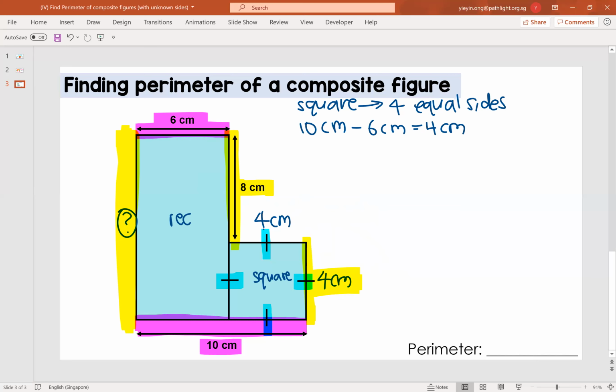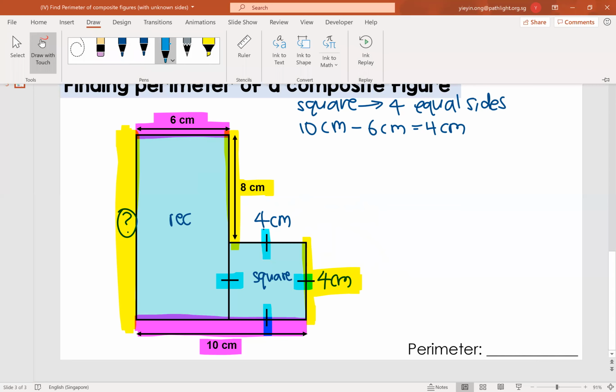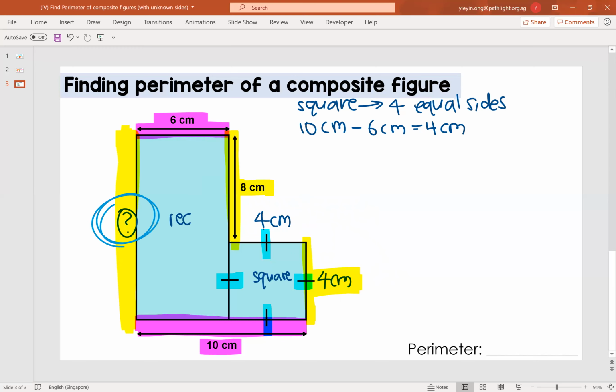If we draw a number bond, you can see that this question mark comprises the 8 centimeter and the 4 centimeter. So to find the question mark, we take 8 cm plus 4 cm, and that will give us 12 cm.